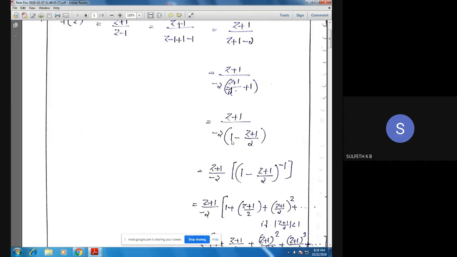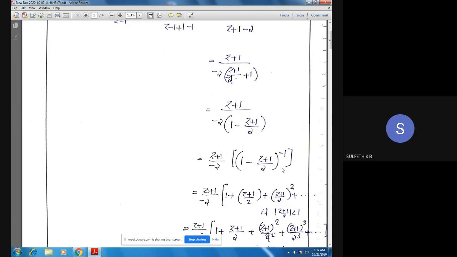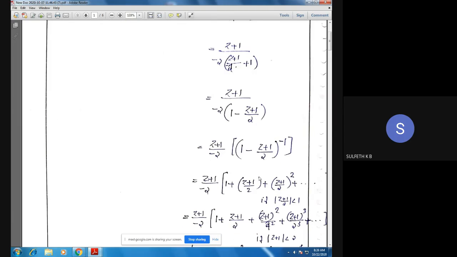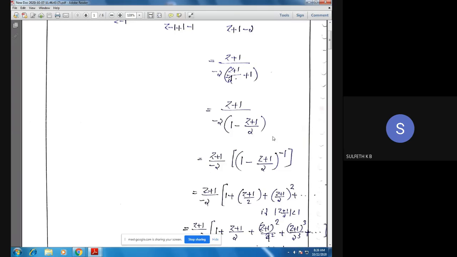1 by 1 minus z plus 1 divided by 2 we can write as 1 minus z plus 1 divided by 2 whole raised to minus 1. Which is equal to z plus 1 divided by minus 2. And we have the formula for 1 minus z the whole raised to minus 1, or 1 by 1 minus z.